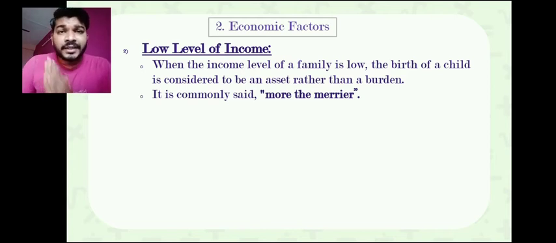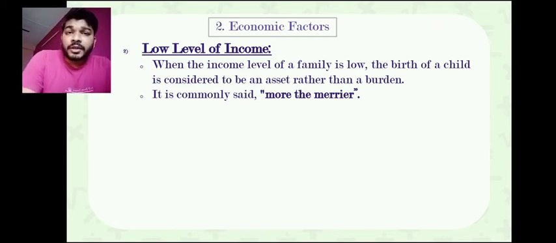So this is the mentality, the thinking of poor family people, who face the problem of low income, low per capita income, or who are below the poverty line. They think these children are assets for the family, and this asset should grow, that is, more children should be born.